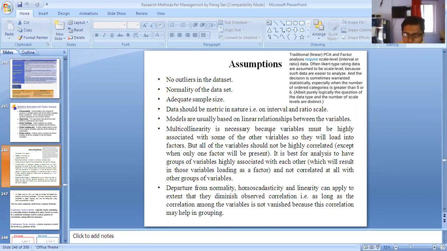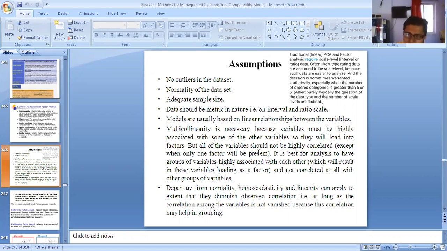So what I would like to say is that you don't need to check all these assumptions separately, because in order to perform confirmatory factor analysis or a structural equation model, there are certain tests that you need to perform earlier, and based on those tests you will automatically be validating most of these assumptions. So you don't need to separately check all those things.